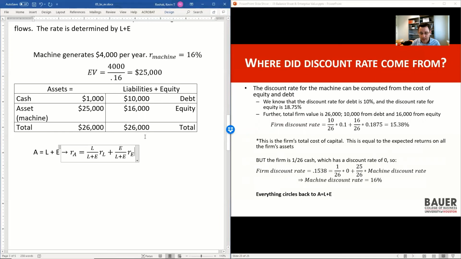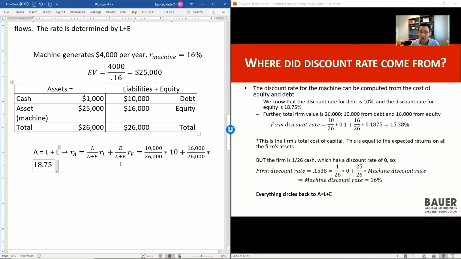So in particular, we had $10,000 for debt, and the total firm was worth $26,000, and the yield to maturity on the debt was 10. The equity was worth $16,000. The total company was worth $26,000. And the return on the equity was 18.75.